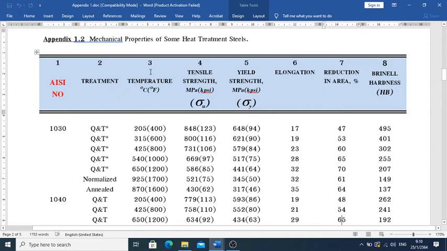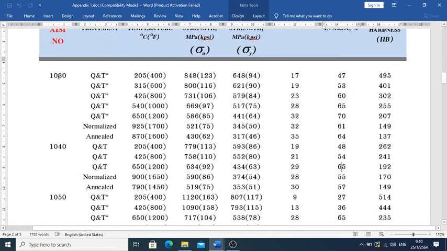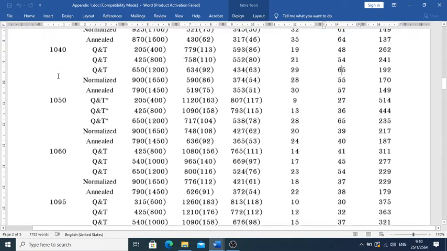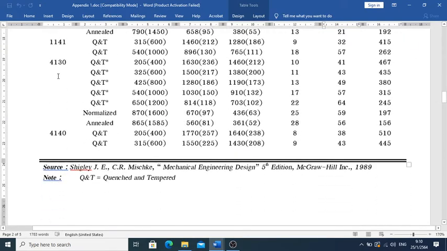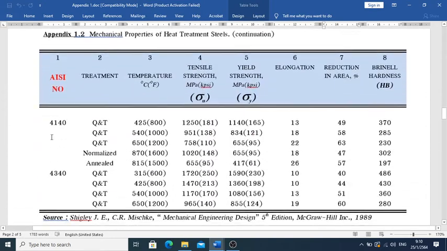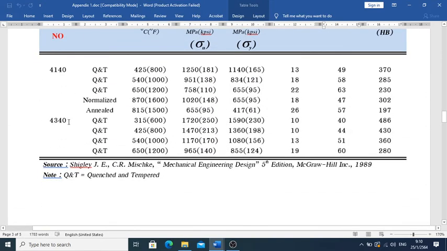Number two, number three, sigma U, sigma Y, elongation, reduction, and Brinell hardness. So this kind of thing is hard to find in Thailand. You may figure out this type of thing is going to be used a lot, this one is 4340, this kind of thing.